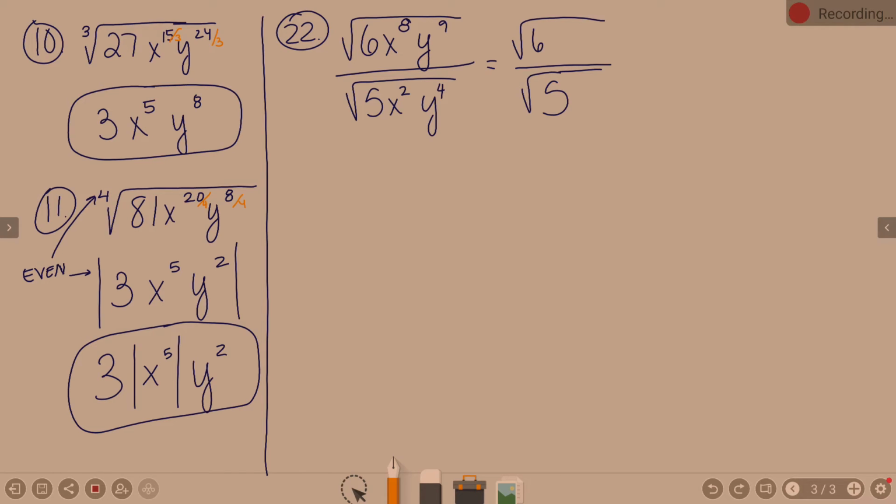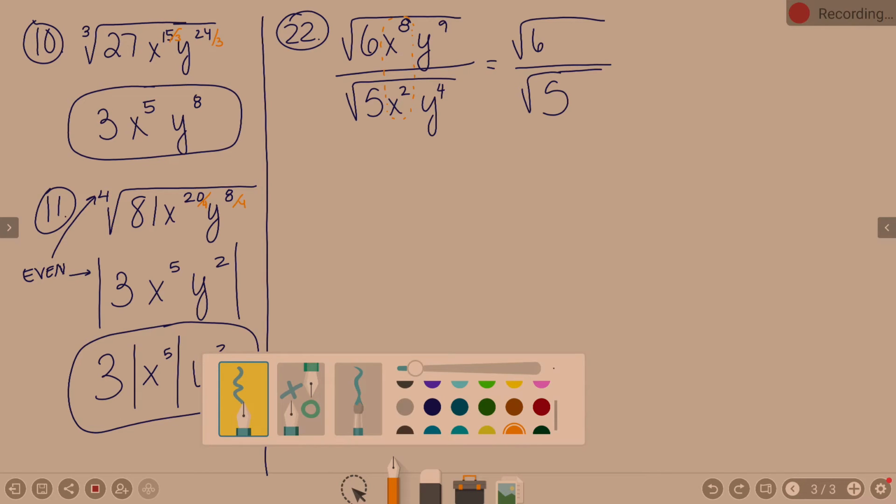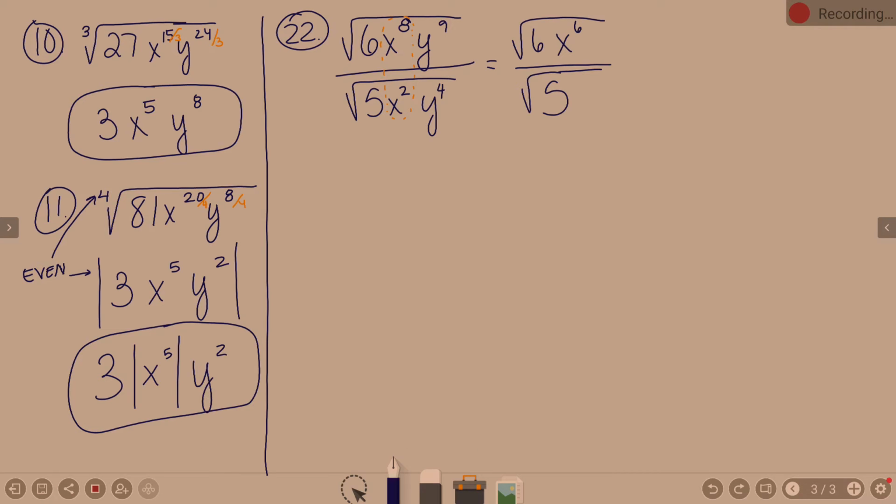Yeah, they do, don't they? Because how do you divide when exponents are involved? In order to do x to the 8th divided by x to the 2nd, you keep the base the same and subtract, yep. And what is 8 minus 2? 6. Now, where do I put that x to the 6th? Where are there more x's to begin with? On top, so x to the 6th goes on top.